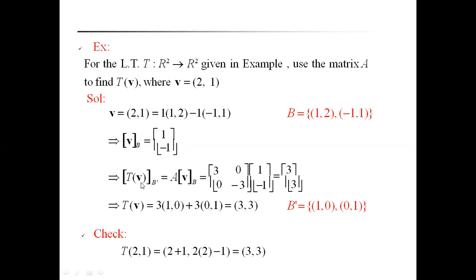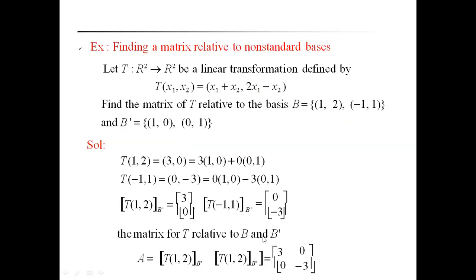It implies, what is the formula? The coordinate matrix of T of V relative to the basis B dash is equal to A times the coordinate matrix of V relative to the basis B. A we already found in the previous example: 3 0 0 -3.